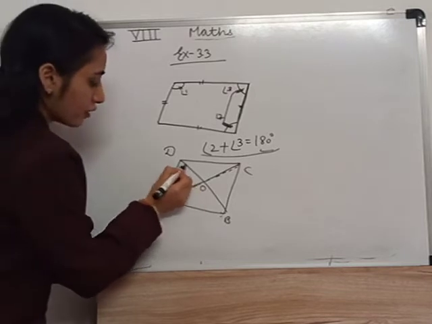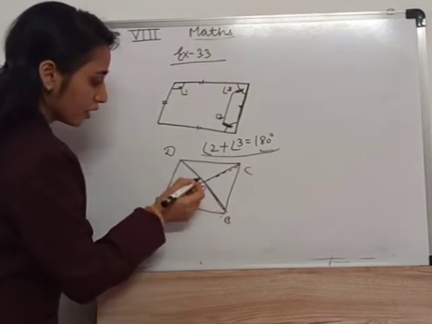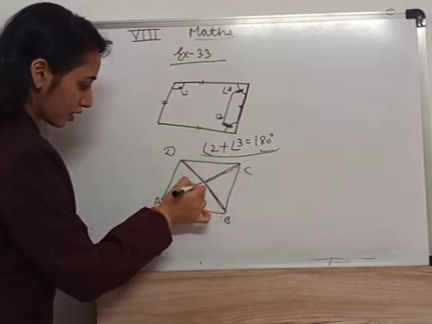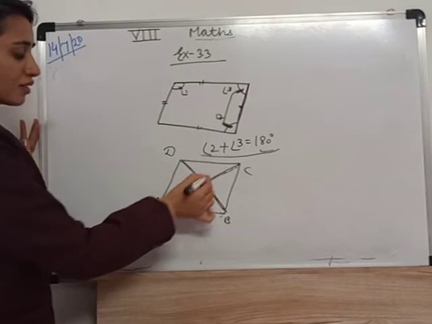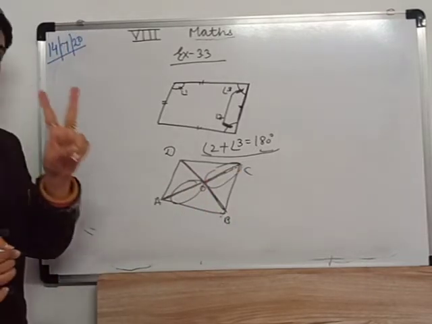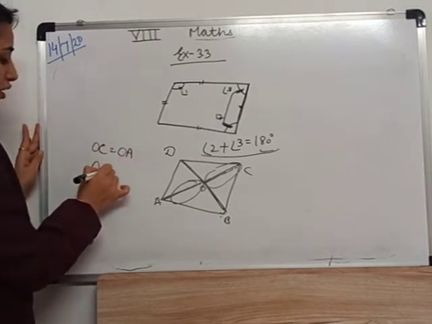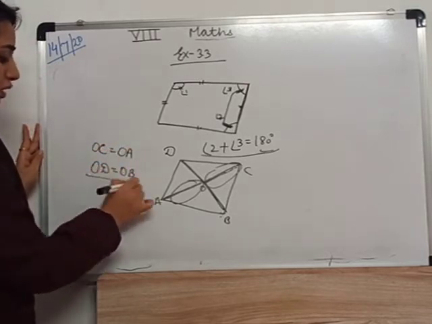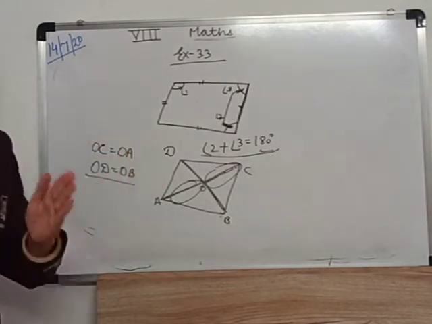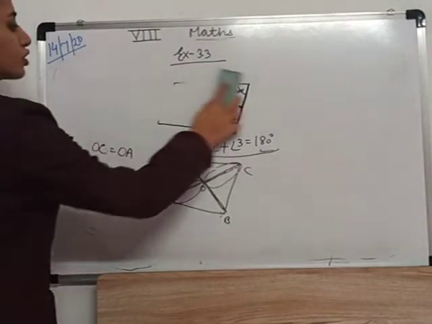When the diagonals cut each other, OB is equal to OD and OC is equal to OA. Understood? These properties we use in exercise 3.3 for solving our questions.